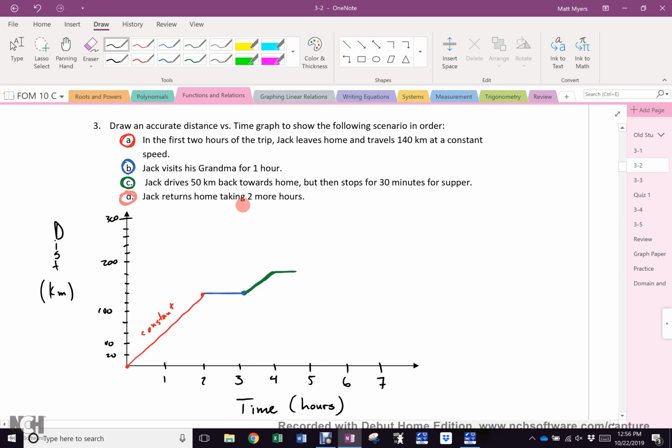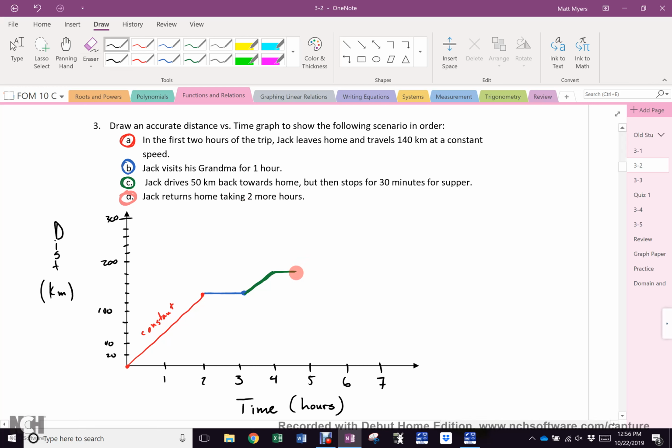Now, I've already gone 50K towards home, and it still takes me 2 more hours to get there. Is my finishing line here going to be steeper or shallower? Shallower, because I am using less distance in more time.